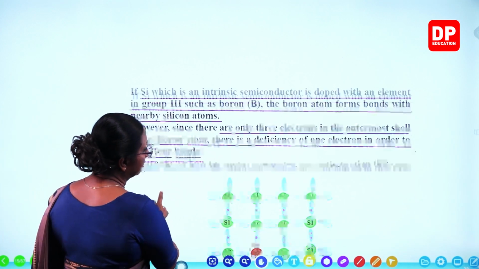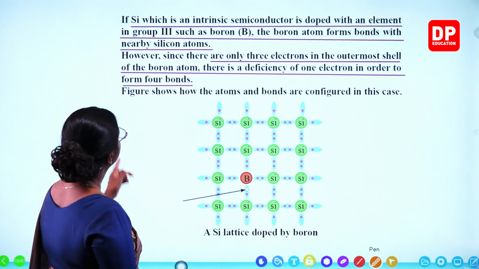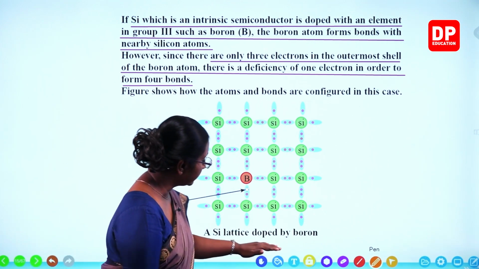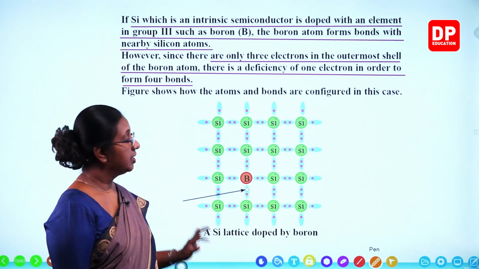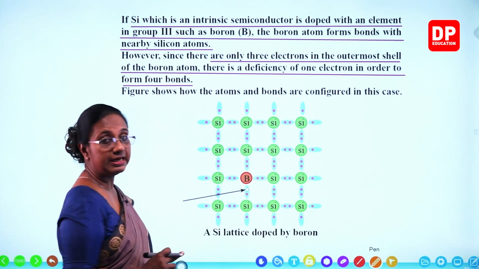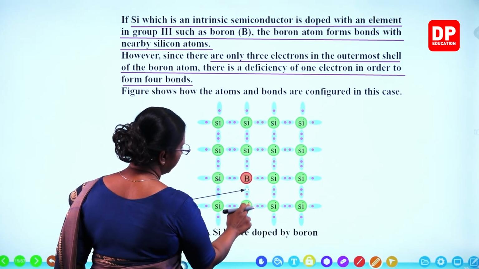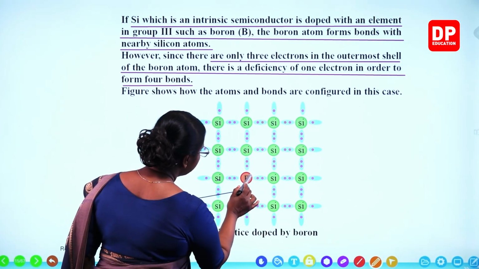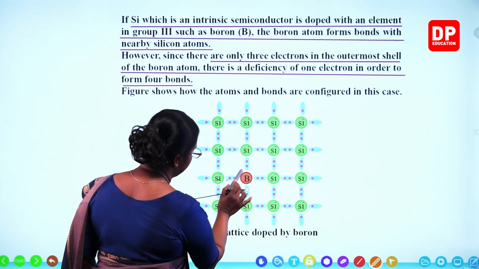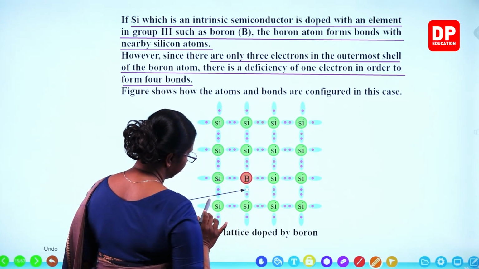So if we look at the figure now. Here is the silicon lattice doped by boron. Again, a boron replaces one of the silicon atoms. Now there are 4 silicon atoms surrounding it, 1, 2, 3, 4. Here you can see this boron is bonded with the silicon, both electrons are there. Here also silicon is bonded, here also silicon is bonded.